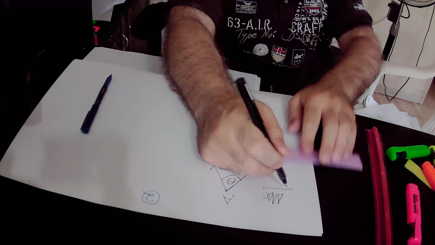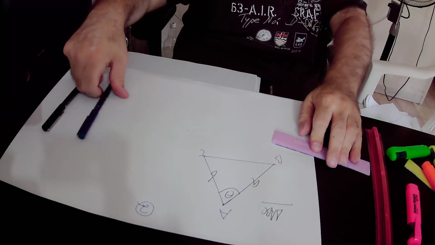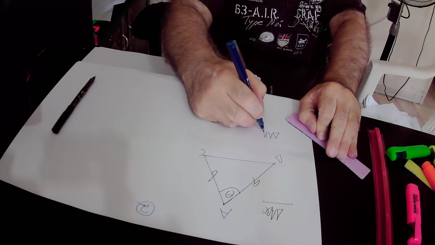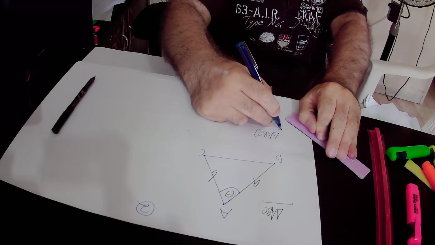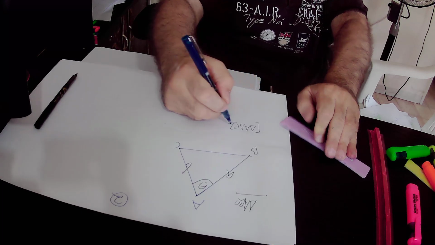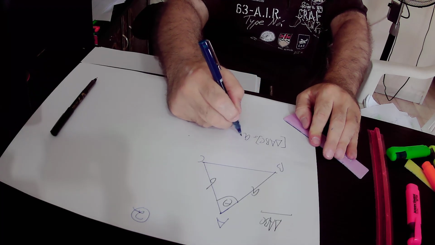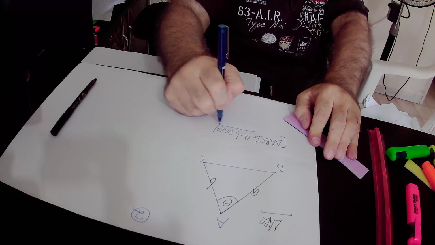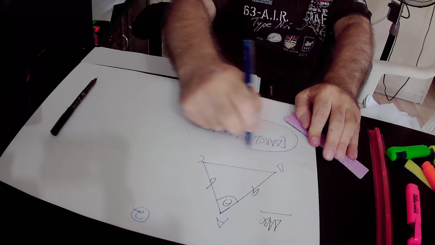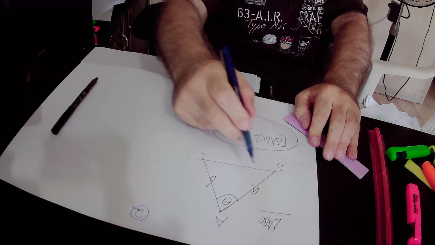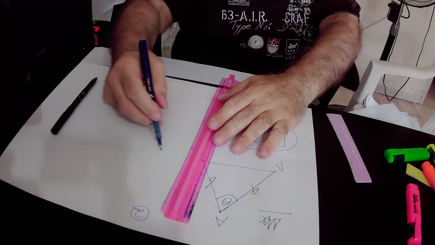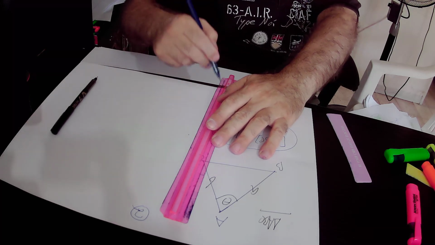So the area of this triangle ABC, according to the new formula, will be equal to A times B times sine theta over 2. Repeat again, the area of triangle ABC will be equal to A times B times sine theta over 2. We'll use this formula in order to find out the area of triangle AOC.